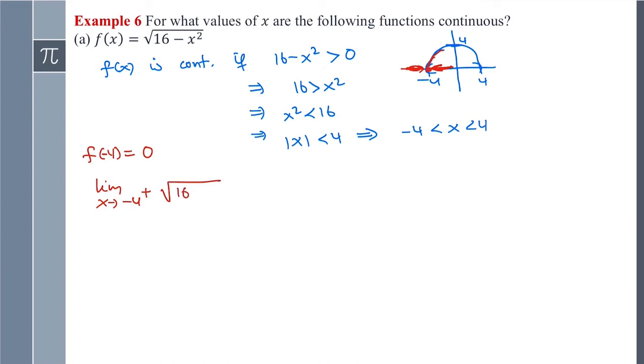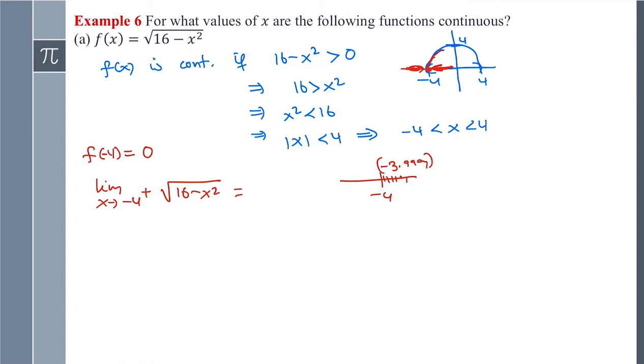So now let's see, when x approaches -4 from the right. These numbers are -3.999 something, which is close to -4. So when we square this number, it is less than 16. So x squared is less than 16.